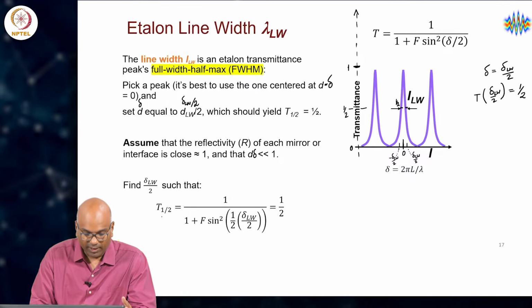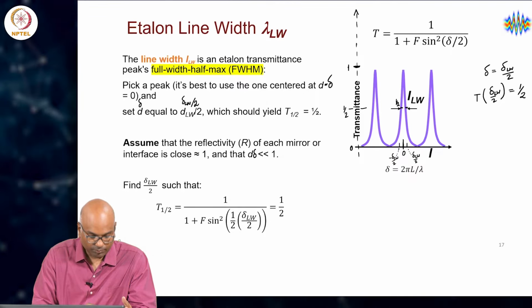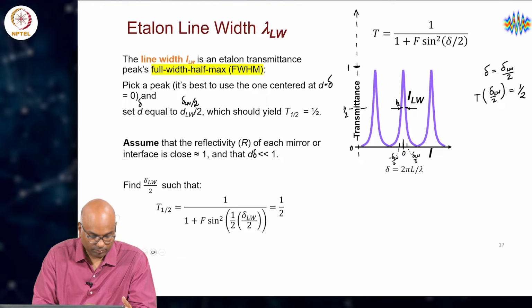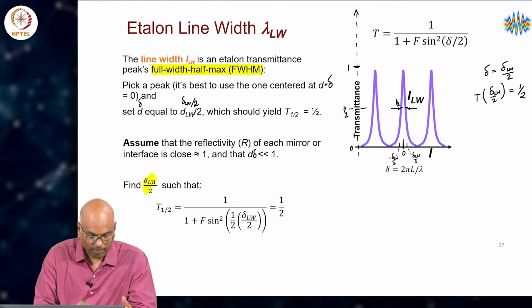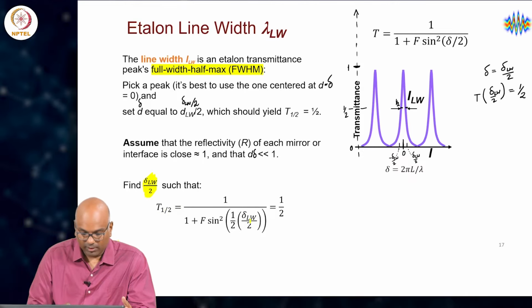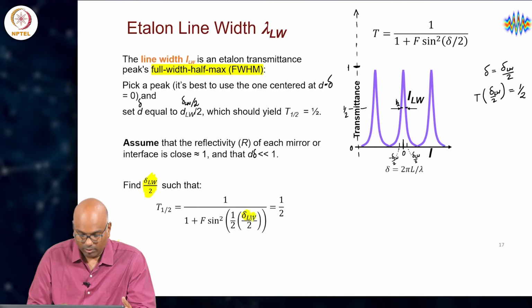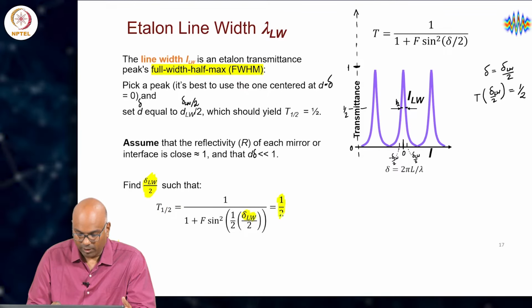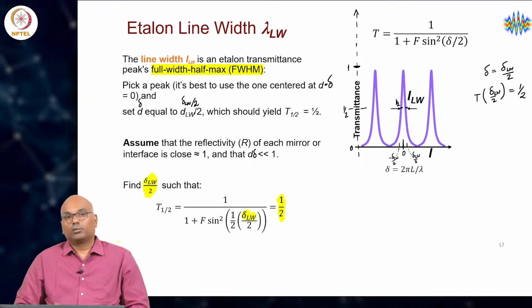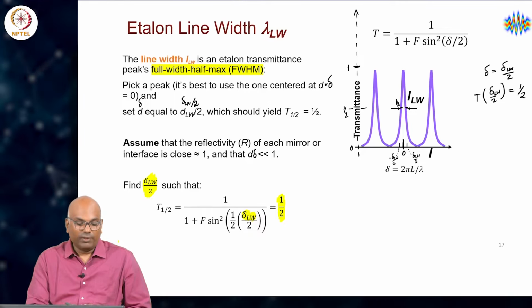We are saying find delta LW by 2 such that the transmittance for delta LW by 2 eventually has the value half. Solve for this. Now, we have a nice equation.